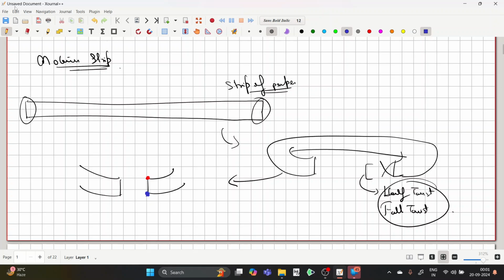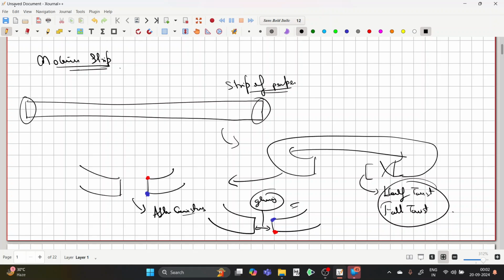After twisting, the edges will become like this. This should be easily observed: the red dot will come at the bottom and the blue dot will come at the top, and then I will glue this up.